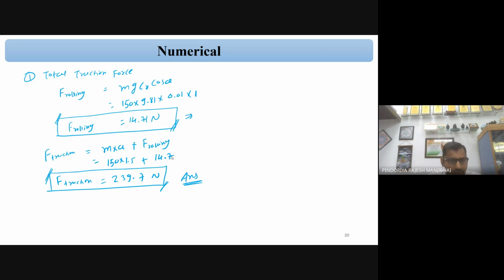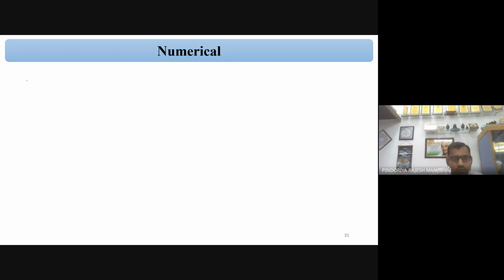Now the second part is the wheel torque. Does any student remember the formula of the wheel torque? Wheel torque is equal to your total force, the traction force, into your wheel radius.